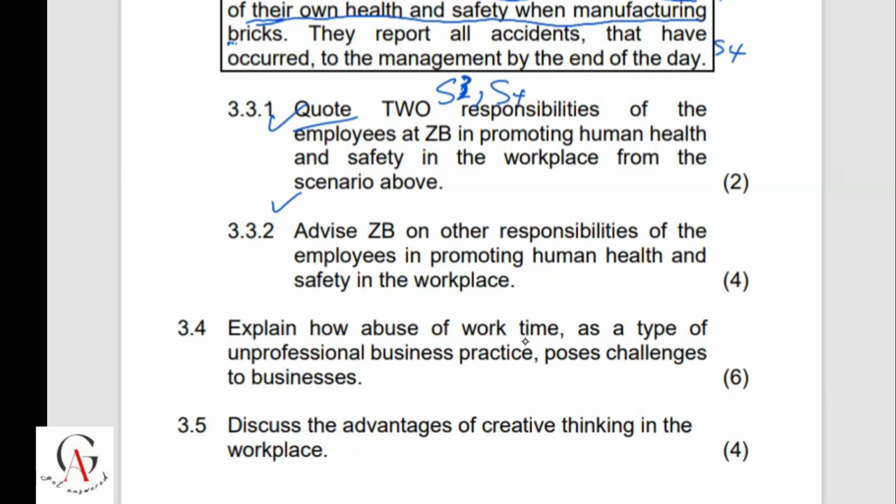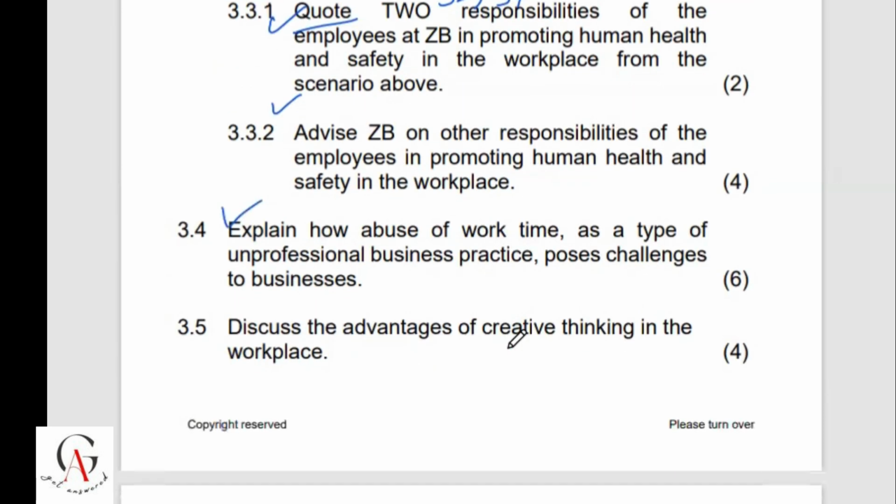Okay, right. So now let's check 3.4. So now 3.4 reads as follows. Explain how abuse of work time as a type of unprofessional business practice poses challenges to businesses. So now this may actually pose a challenge. Why? Because it may result in many employees often abusing time.